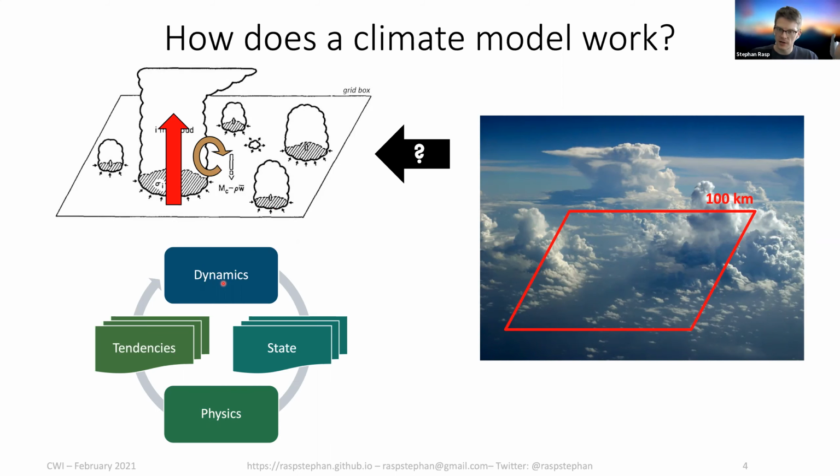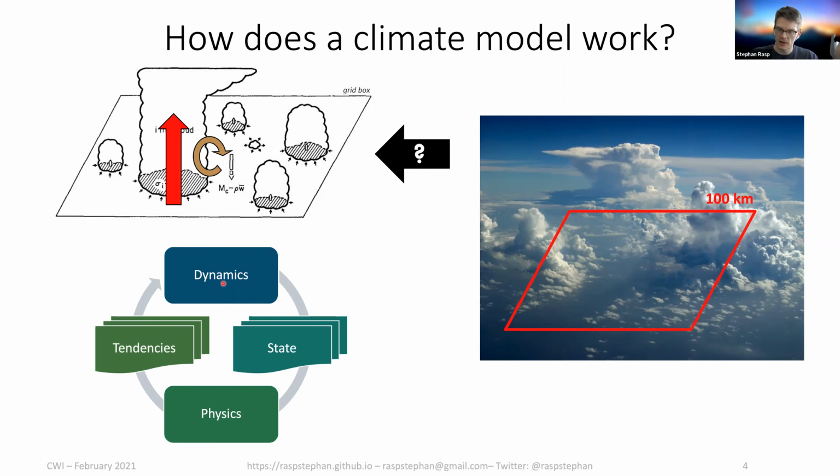And so in the time step, you first do dynamics or physics, it doesn't really matter, and these two interact with each other. And if we just look at these subgrid approximations, they look at the state of the atmosphere at a given point, and they then make an approximation of the effect of these subgrid processes, be it clouds, be it radiation, on the model grid. And so you go round and round like this.